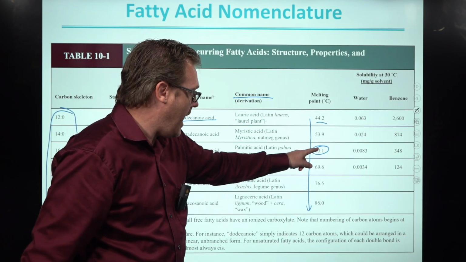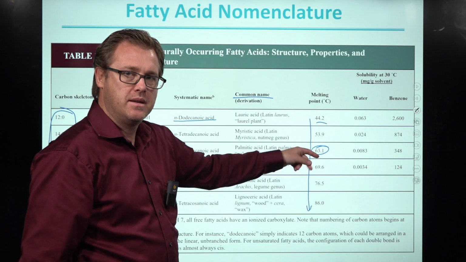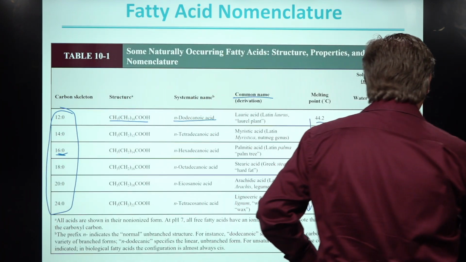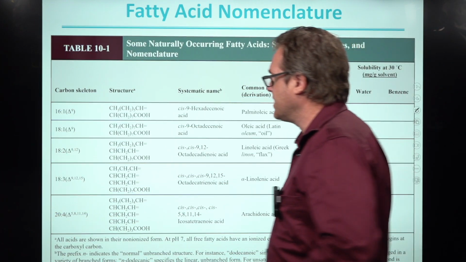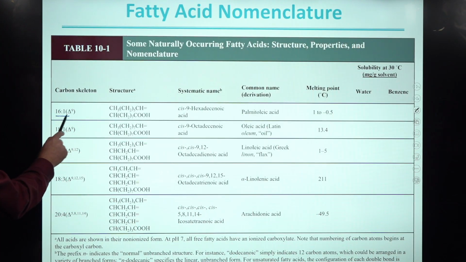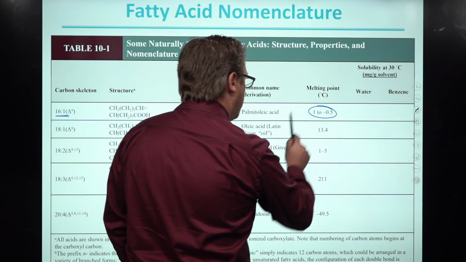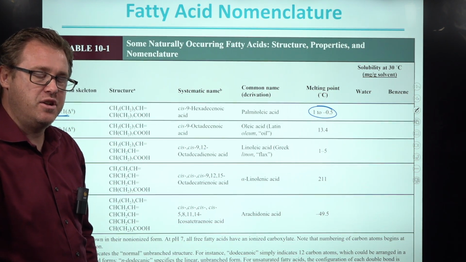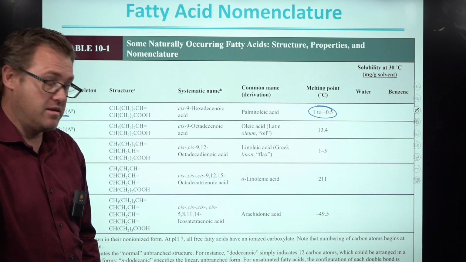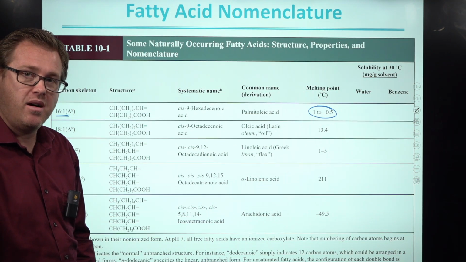Is it going to be higher or lower than 63 degrees? Okay, let's go answer that question. 16 carbons, we add one double bond, what did it do? It went to 1 degree. 62 degrees difference. That's significant. Adding just that one double bond.